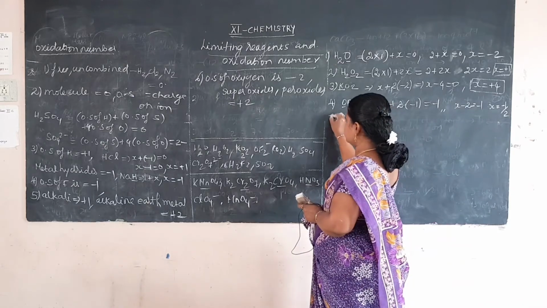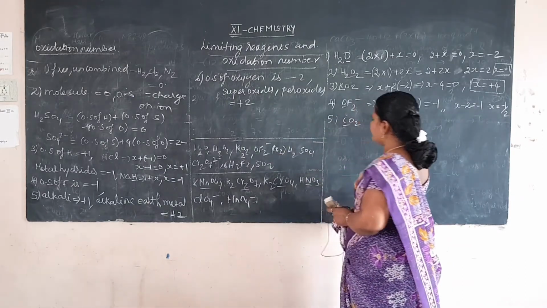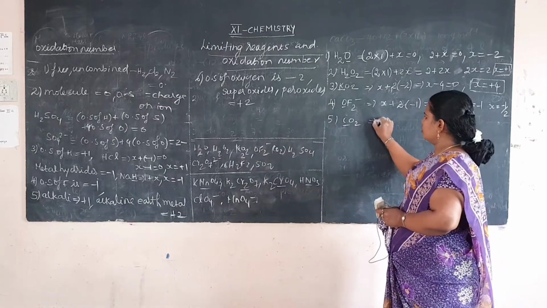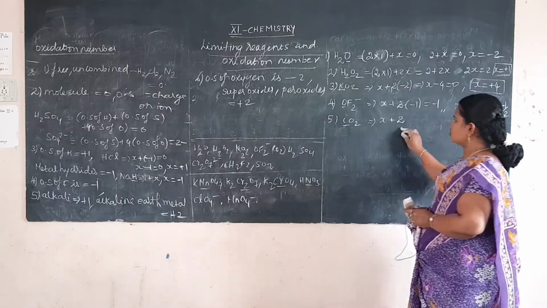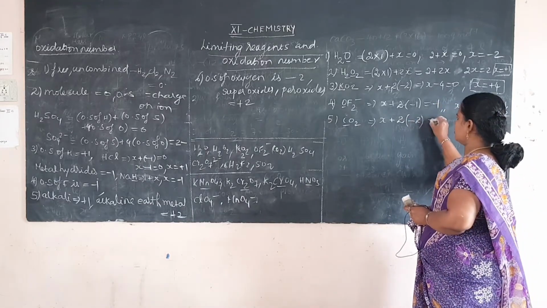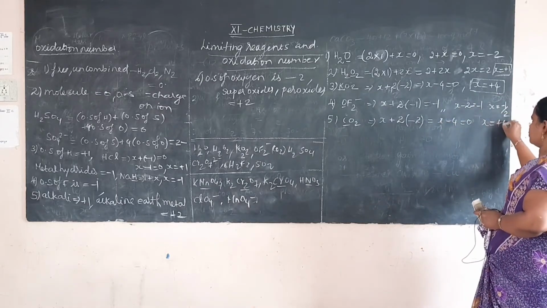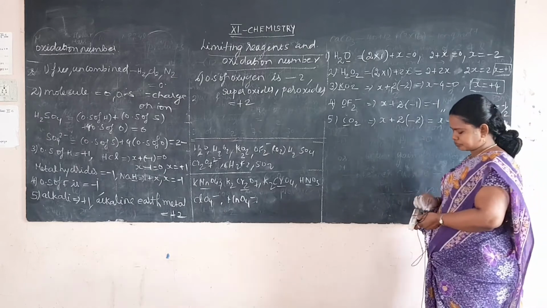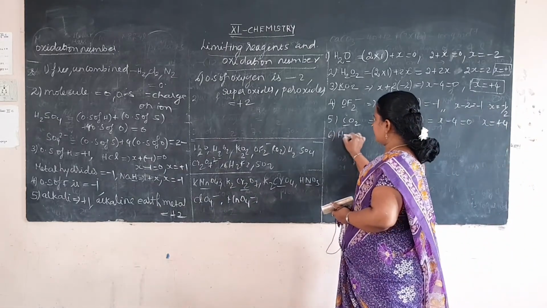Then the fifth one, CO2. For carbon dioxide we'll find out for carbon. So C we write as x plus 2 oxygens, and for oxygen it is -2, so x - 4 = 0, so x = +4. Then for sulfuric acid, H2SO4, we'll find out for sulfur.